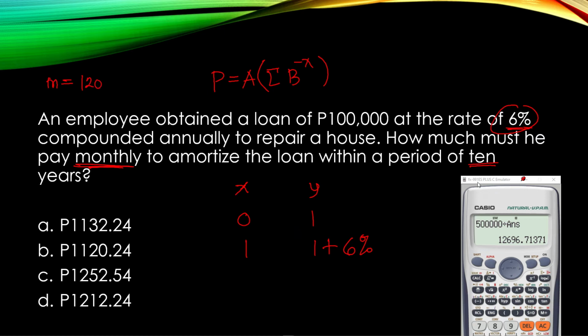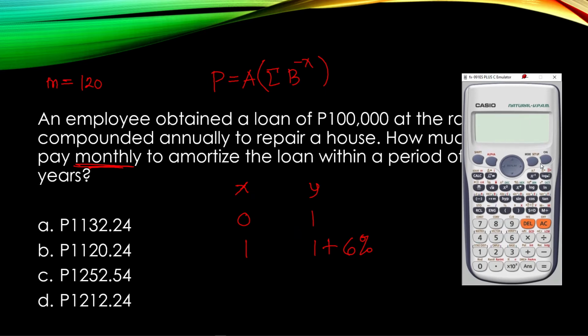So solve natin. Input natin yan, mode 3, 6. So we have 0, 1, then we have 1, 1 plus 6%, and then AC, then summation of B, mode 1, 5, 2, raised to the power of negative X, from 1 to 120.